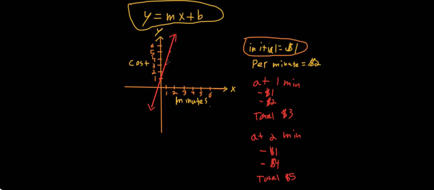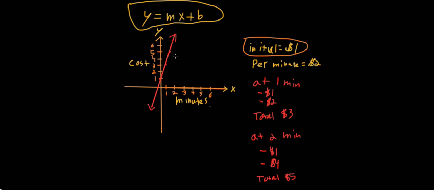This line represents the cost depending on the minutes. And now you can calculate your cost at 6 minutes by drawing the line out until you get to 6 and extending this, being able to calculate your cost depending on the linear equation.